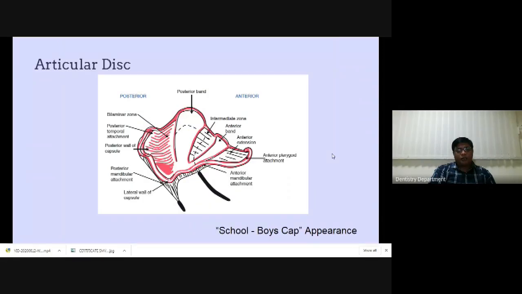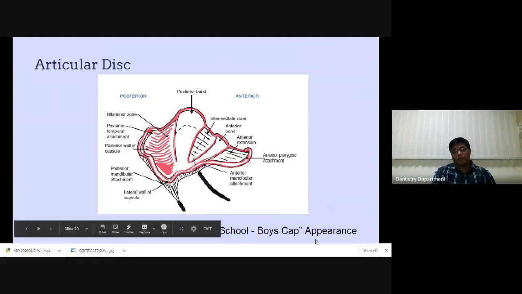So then comes the hero of this whole topic, the articular disc. It's a complicated structure. The best way to describe the articular disc is that they used to call it the schoolboy's cap appearance.